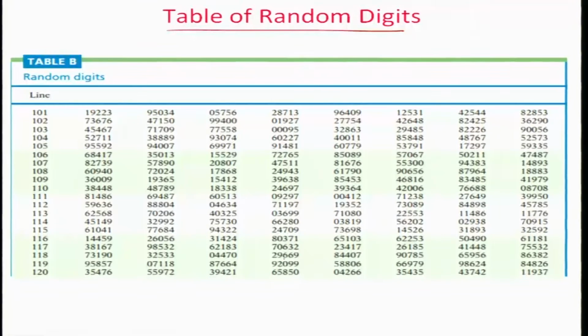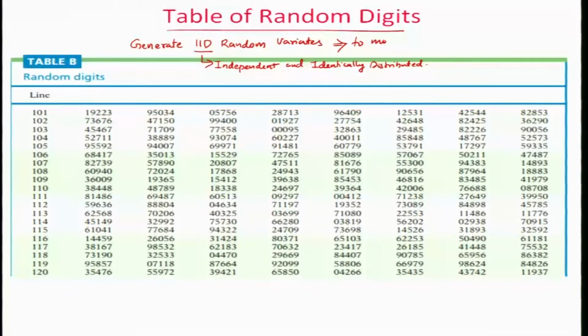As I said earlier, we generate IID random variates, and as mentioned, IID stands for independent and identically distributed random variates. And why do we generate random variates?